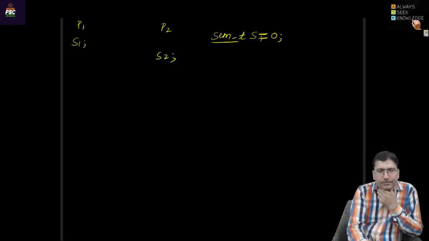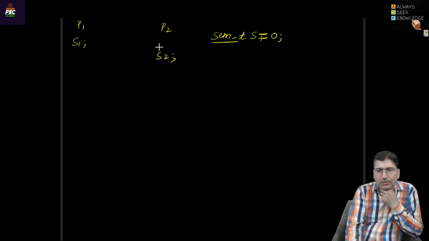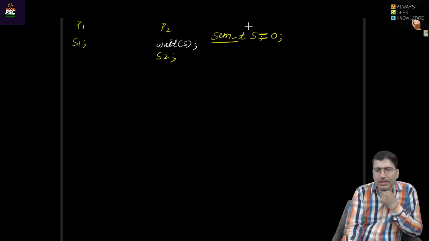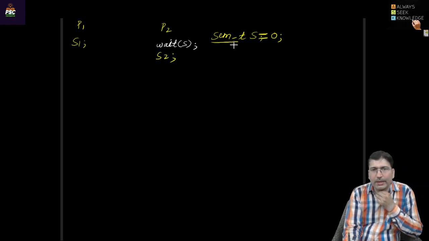Now if I want that S2 should not be executed before the execution of S1, what I can do is apply a wait operation here on semaphore S. Because initially the semaphore has value 0 and the wait operation tries to decrement the value of the semaphore, and you know that inside the wait operation there is a condition.